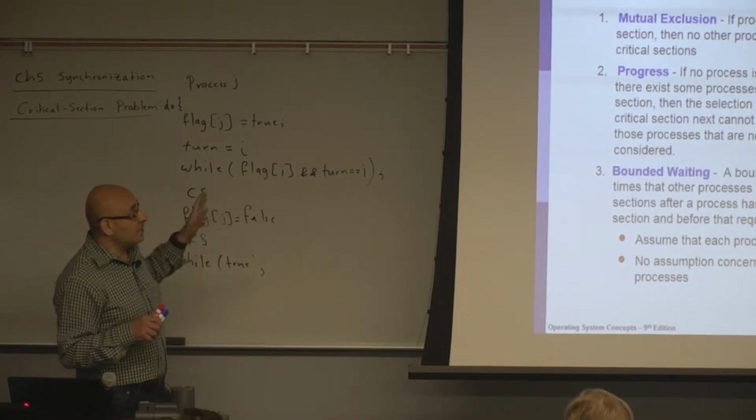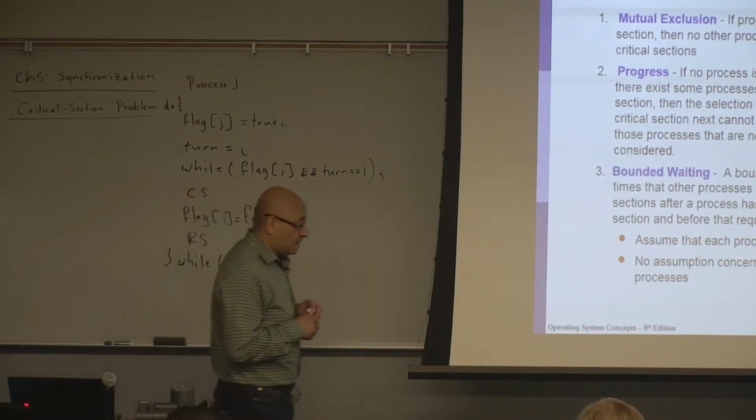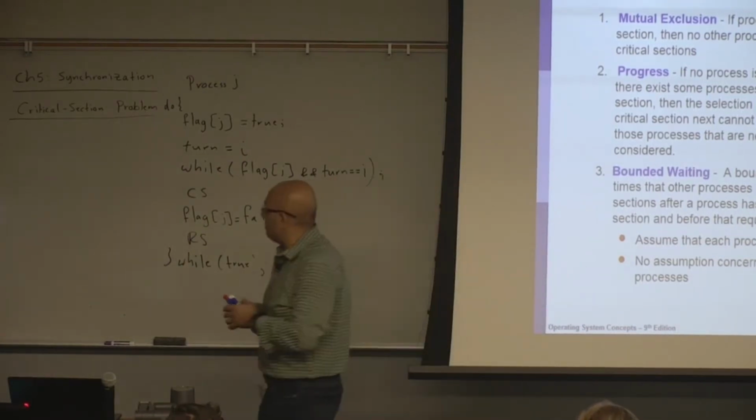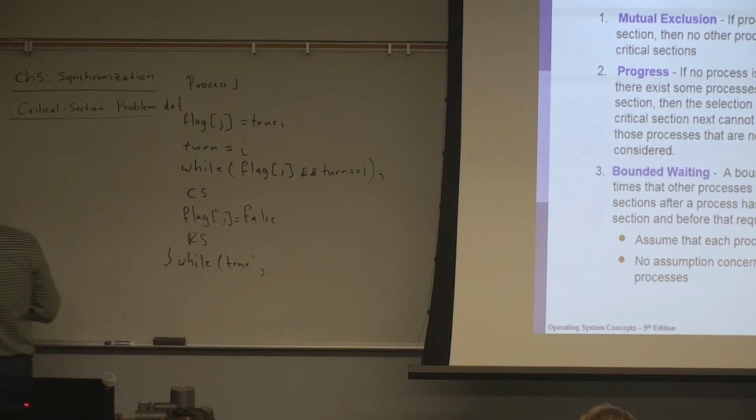So we will see some examples, because there may be different critical sections, right? So there may be a critical section in which a process is modifying variable x, and a critical section in which a process is modifying variable y. So when you are modifying x, all you care about is processes that are in critical sections that modify x.